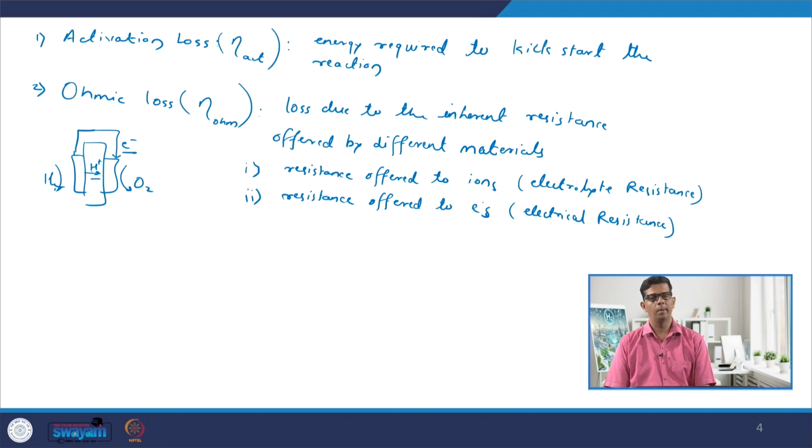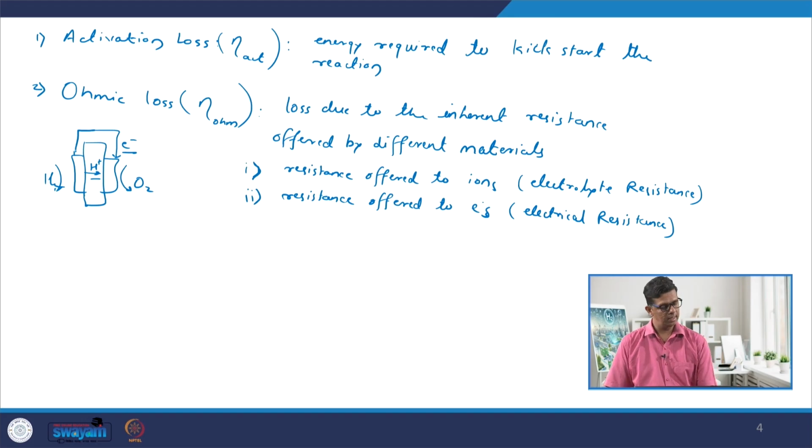Depending on the type of fuel cell, you can expect either protons, that is H plus ions, or OH minus ions, or other types of ions, cations or anions. So, when those species travel through the electrolyte, what is the resistance offered to them? That is covered in the ohmic loss as one of the charge species.